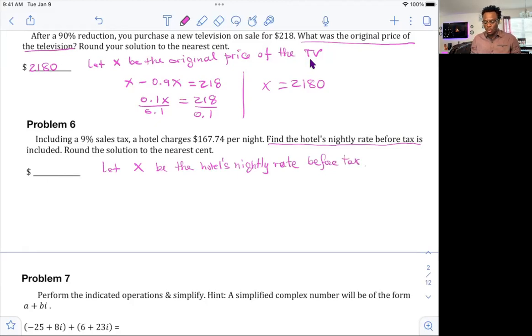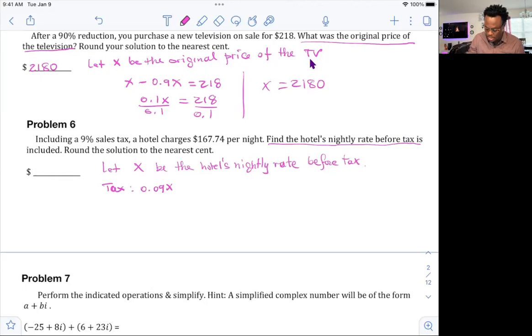So, and then we had the 9% tax would be 0.09x, and then combined the nightly rate before tax and the tax, somebody paid $167.74.